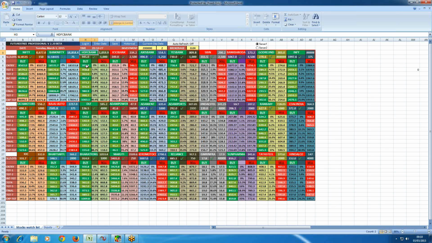In case you get a buy call, I'm just giving you an example here, but all these things will change at 9:15. Let's say in HDFC's case 954.8, it will place you an order. You can place an order in the cash market at that particular price, or you can directly buy it in futures, or you can do options also.